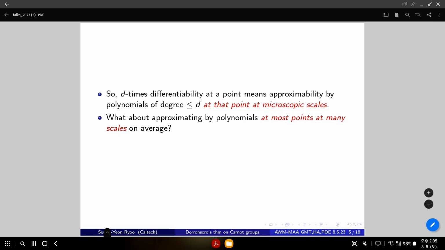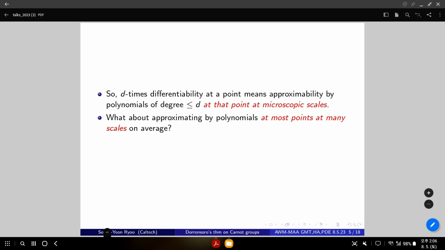If the approximation works only at very small scales, like 10 to the minus 10, it won't be very useful in many applications. So you want to know whether it can be approximated at larger scales, like 10 to the minus 1 or 1, and at many points as well.